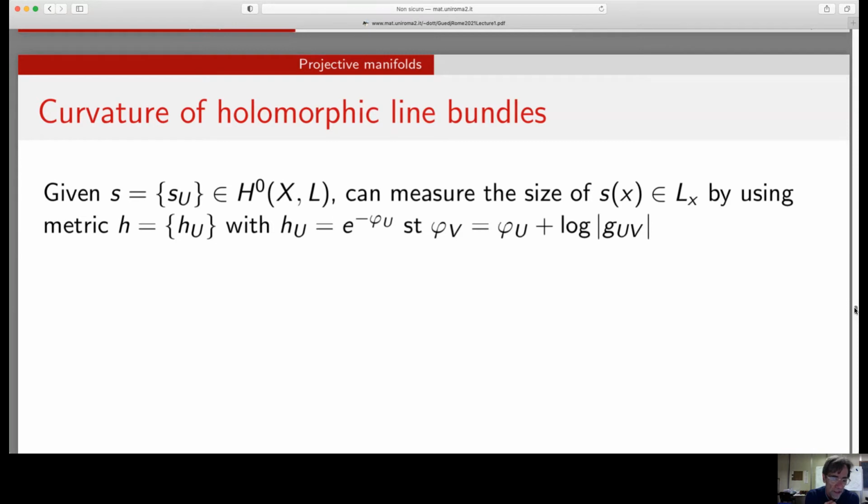This positive local function is usually written as e^{-phi_U}, and the condition for phi_U to define a global Hermitian metric on the line bundle, meaning a Hermitian scalar product on each fiber, is that phi_V is phi_U plus log of the norm of g_UV, where g_UV is a transition function.